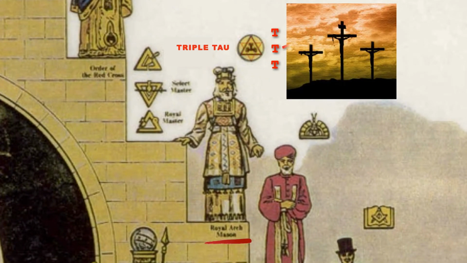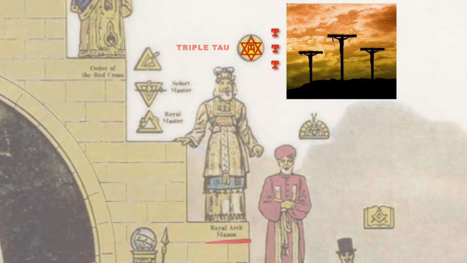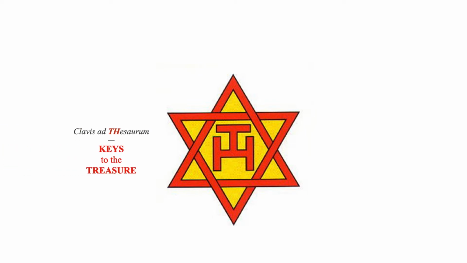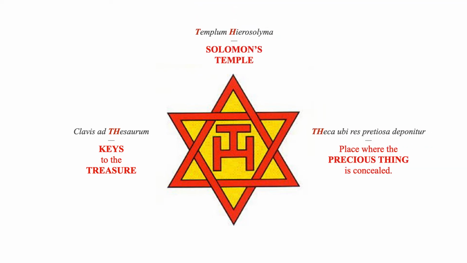It actually references the three crosses on Calvary, which were actually just Tau crosses, and a special symbol was used to indicate those three Taus all joined together at the base, but they also look like a TH because of the Latin meanings of the secret meaning of this icon: keys to the treasure, place where the precious thing is concealed, and the most important TH of all, Templum Hierosolyma, or Solomon's Temple.